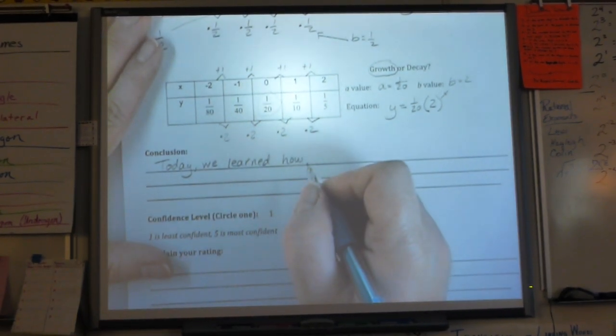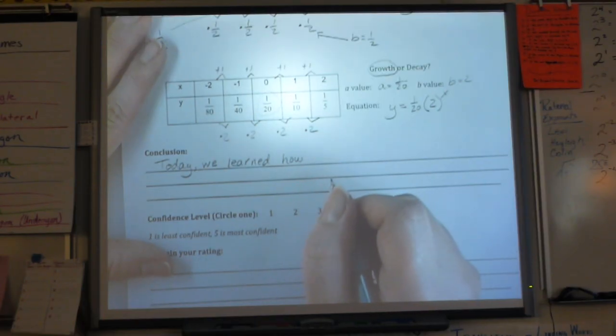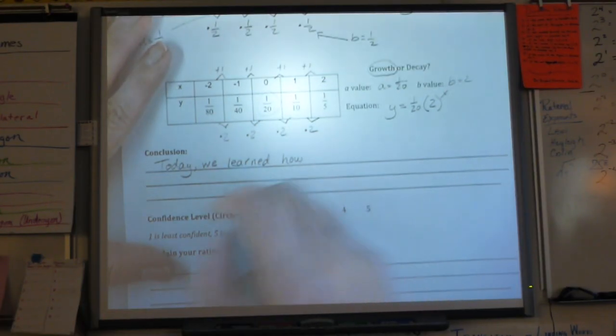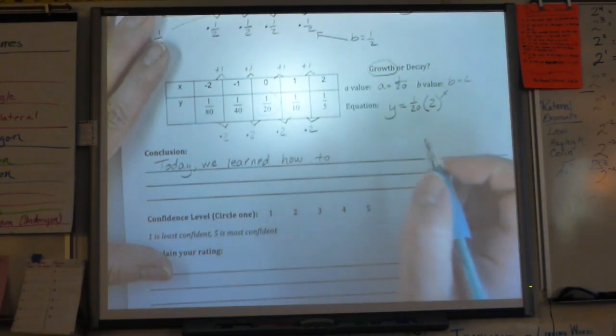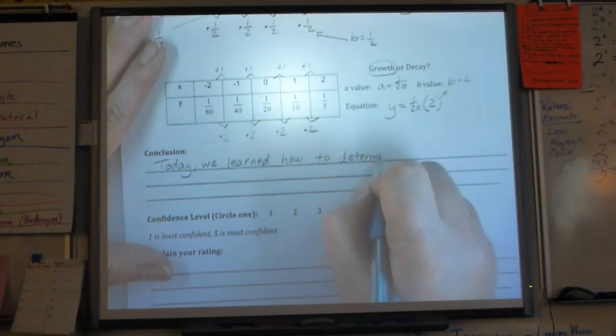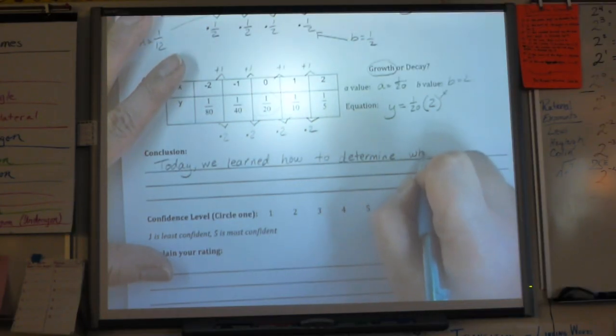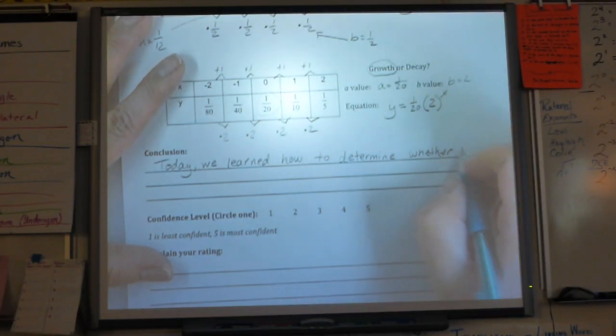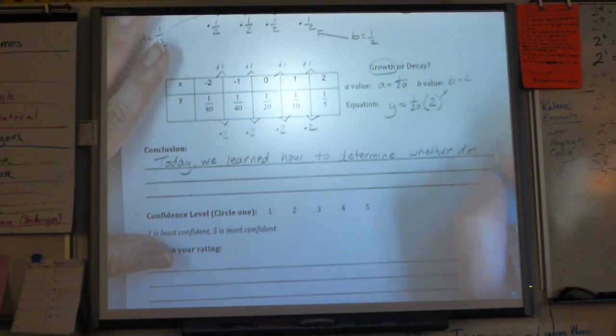Today we learned how to identify exponential growth or decay from a table. We learned how to determine whether data in a table represents linear growth, exponential growth or decay.